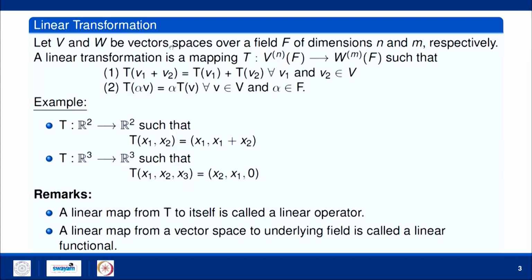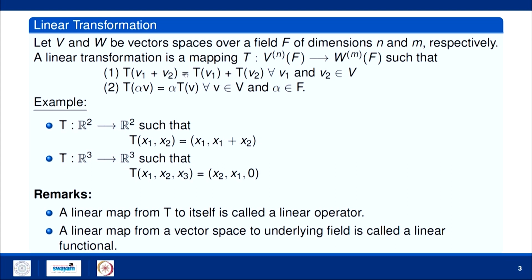Let us come to the formal definition of linear transformation. Let V and W be vector spaces over a field F of dimension n and m respectively. So, the dimension of V is n, the dimension of W is m. A linear transformation is a mapping from vector space V to vector space W satisfying two conditions.